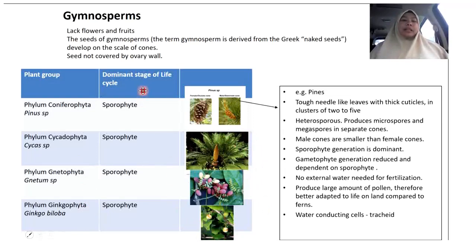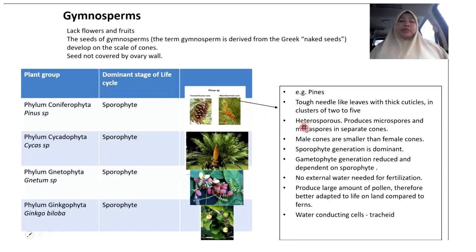And of course, the dominant stage of the life cycle is the sporophyte. Okay, so I'm going to go into a bit more detail about Pinus species in the phylum Coniferophyta. You can see that it has tough needle-like leaves with a thick cuticle in clusters of 2 or 5.